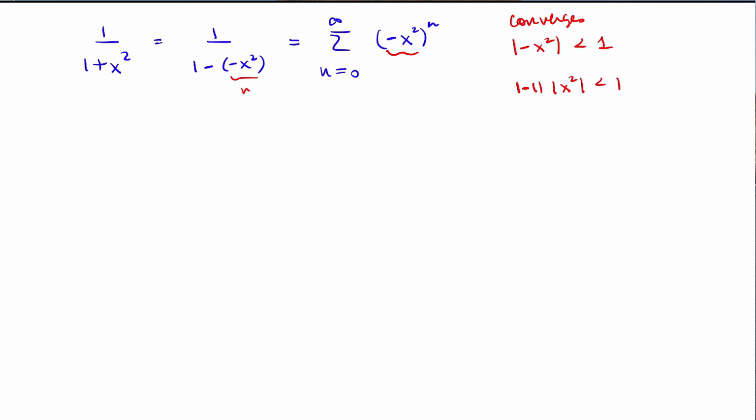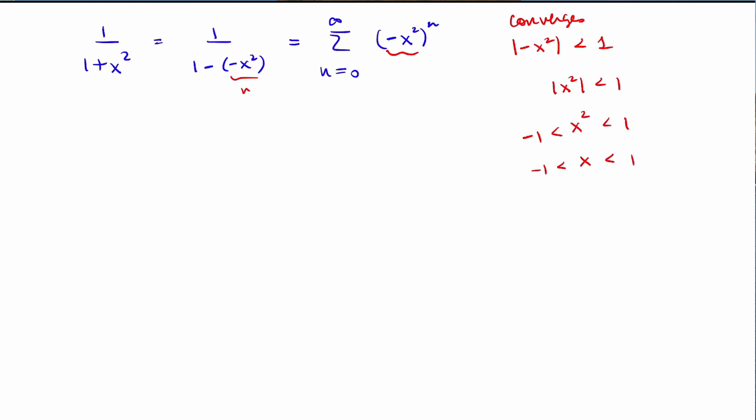This guy is equal to 1, so forget about it. And now we know that if the absolute value of x squared is less than 1, then x squared is less than 1 and larger than negative 1, and this is the case if and only if x is in between negative 1 and 1. So this does not affect our interval of convergence.